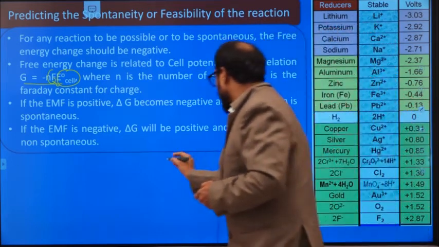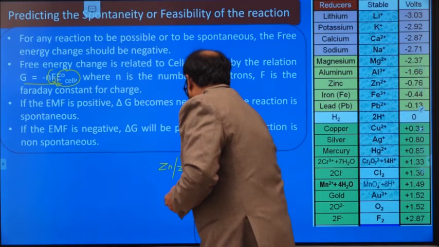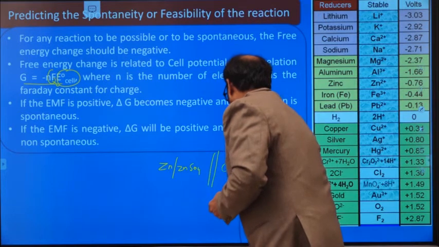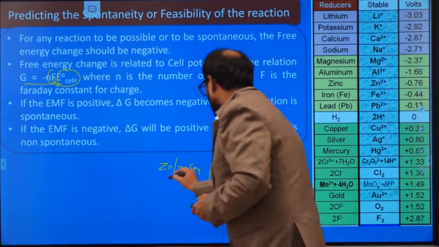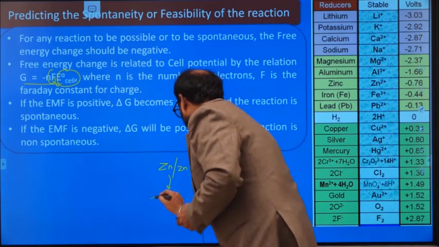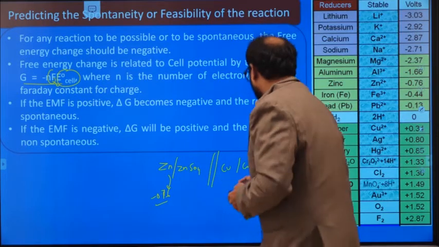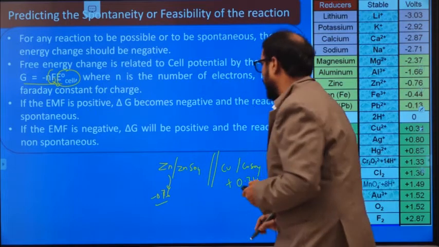So let us try to understand the simple galvanic cell, where we have zinc and copper as the electrodes. We know that zinc has a value of minus 0.76, and copper has a value of plus 0.34.